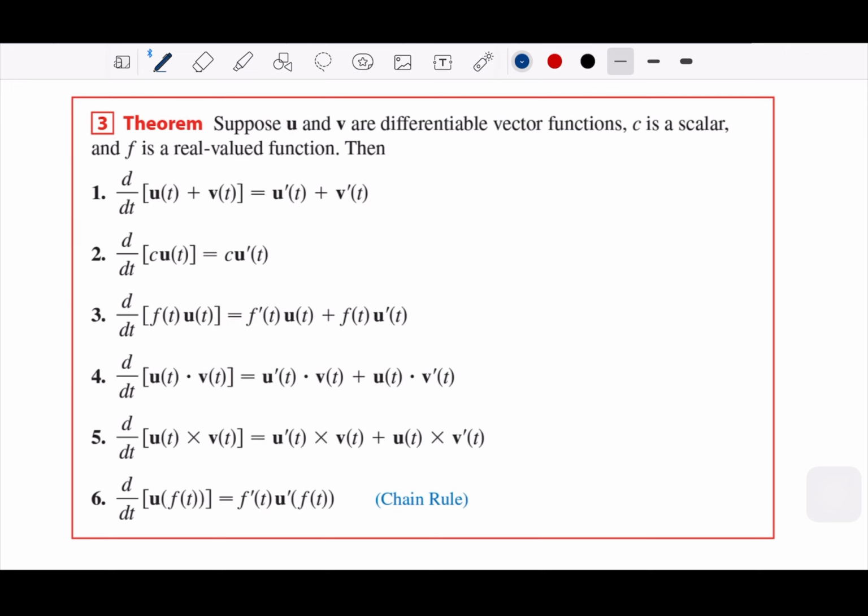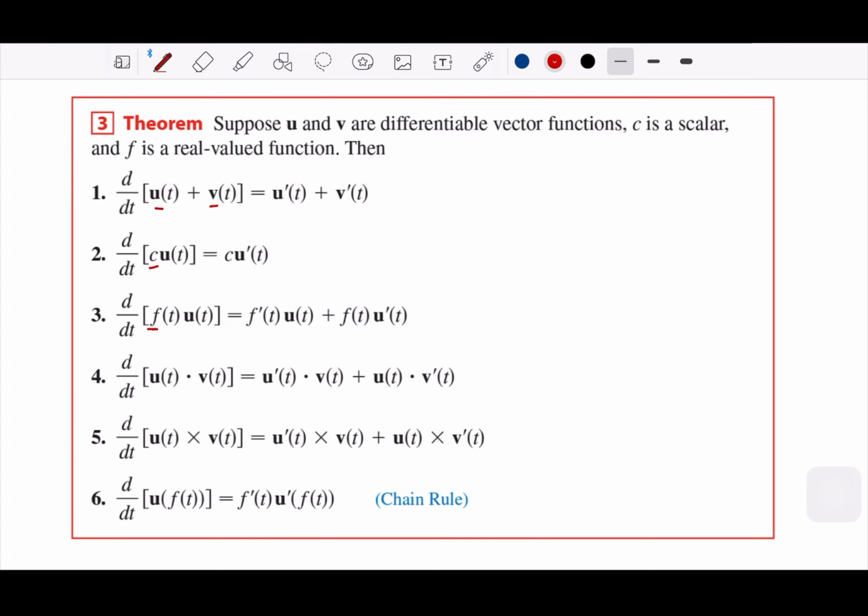Then all these derivative formulas apply. Remember that u and v are differentiable vector functions, c is a scalar and f is just an ordinary real valued function.